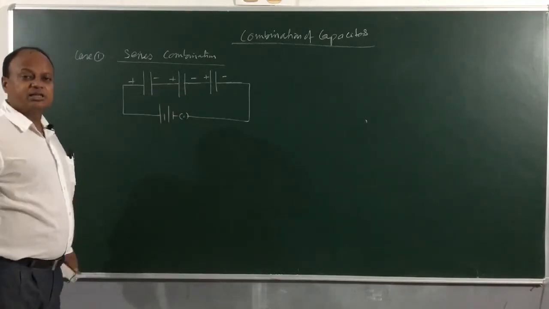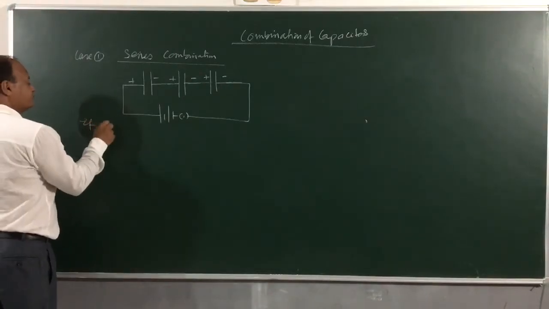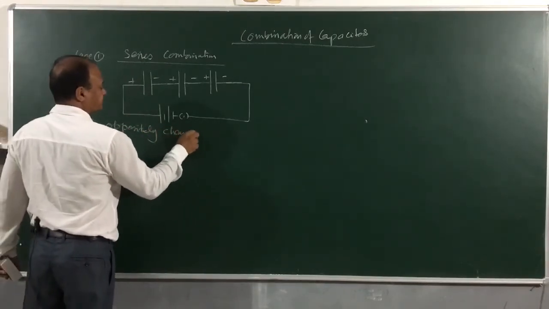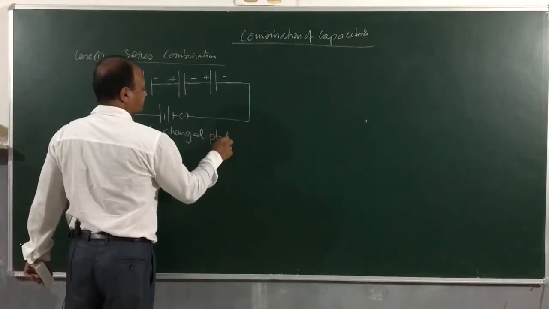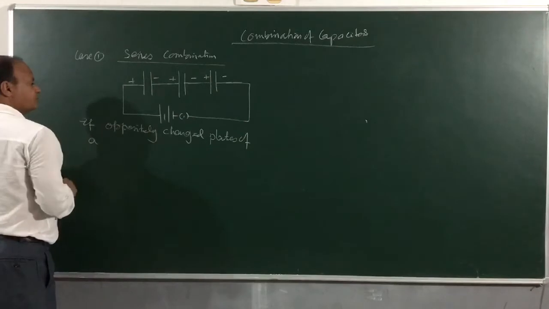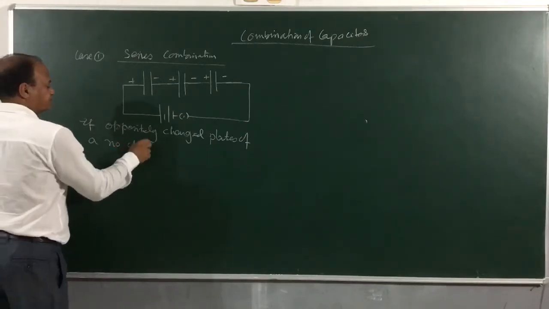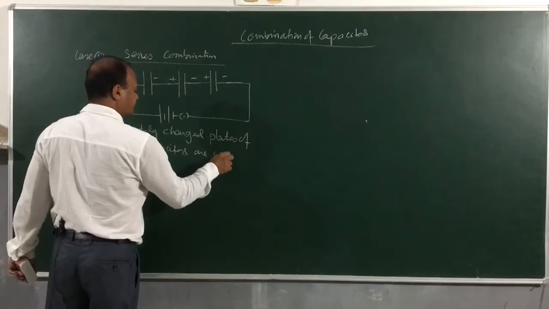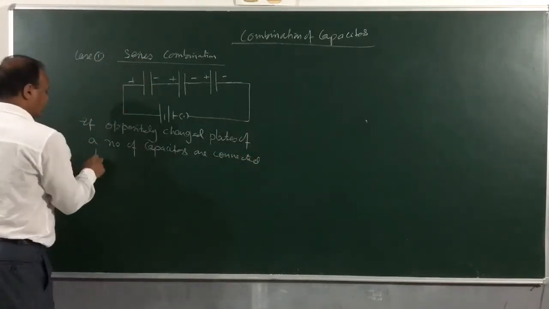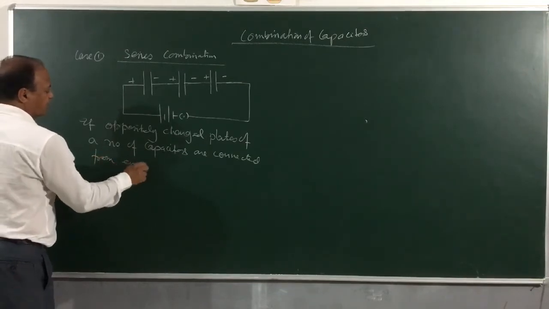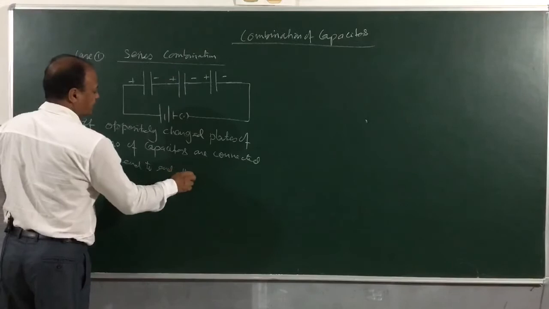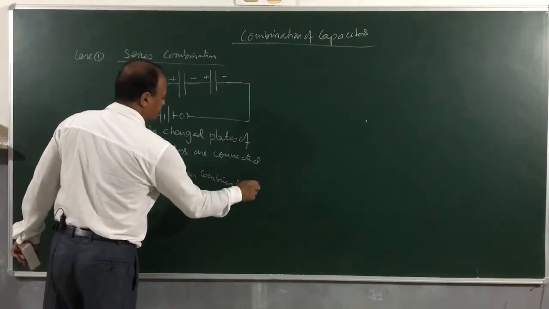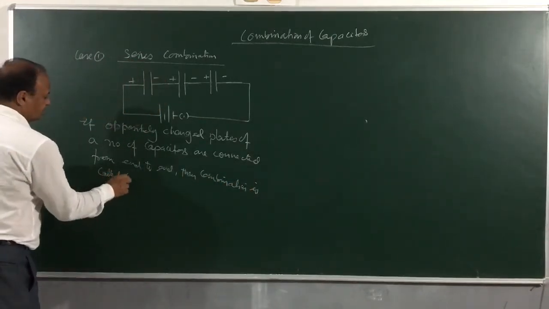If oppositely charged plates of a number of capacitors are connected from end to end, then the combination is called series combination.